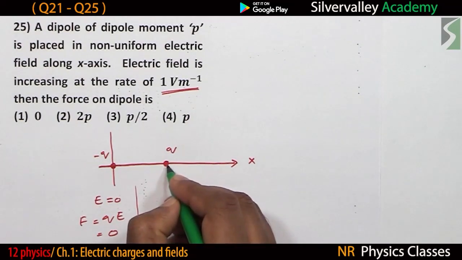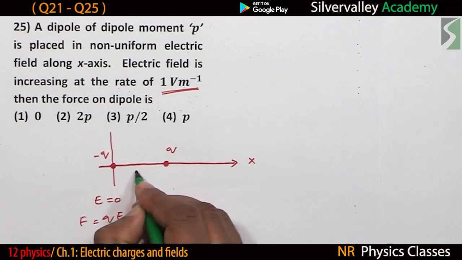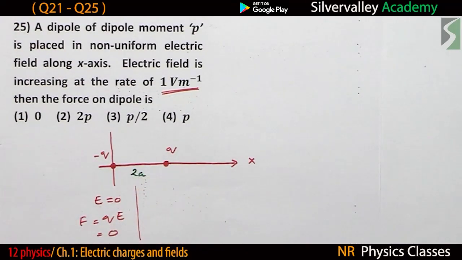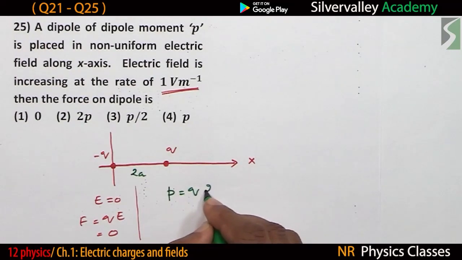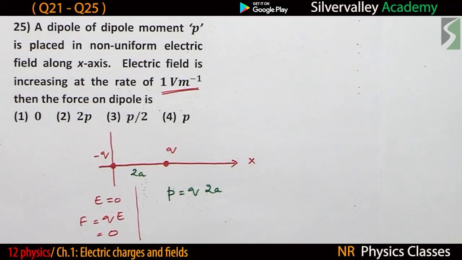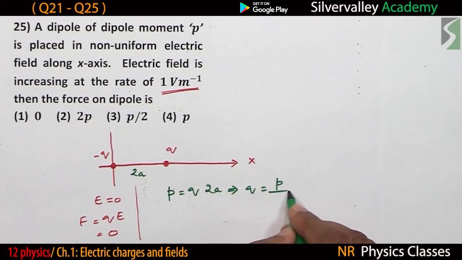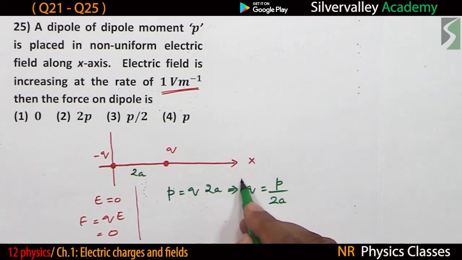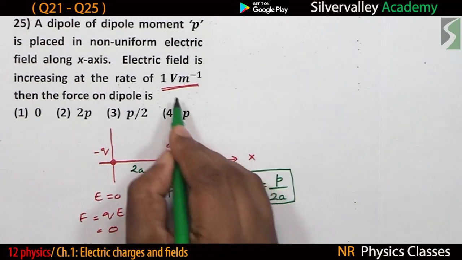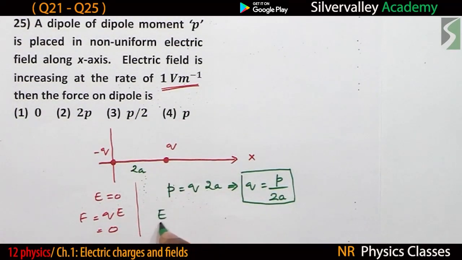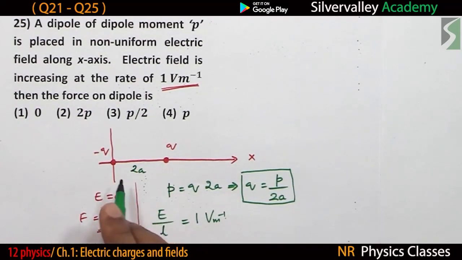Now, distance between these two charges is 2a. Dipole moment is charge into distance between the charges. Now what is the charge? Charge equal to dipole moment by 2a. Electric field is changing in this direction at this rate. So electric field per unit length equal to 1 volt per meter. What is the electric field at this point means we have to consider this length.